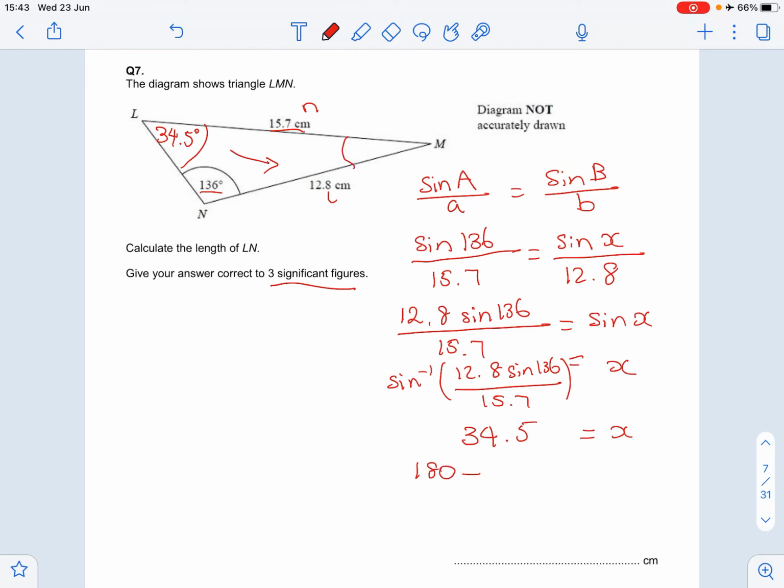Therefore, I know this missing angle here must be 9.5. Then I can use my sine rule again, because I've got my pair of information. Now I have this angle, I can find my missing side.